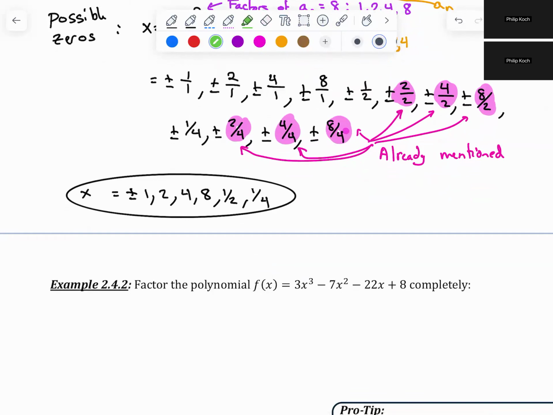So with this next example, factor this polynomial completely. There is no way to factor this with our current understanding.